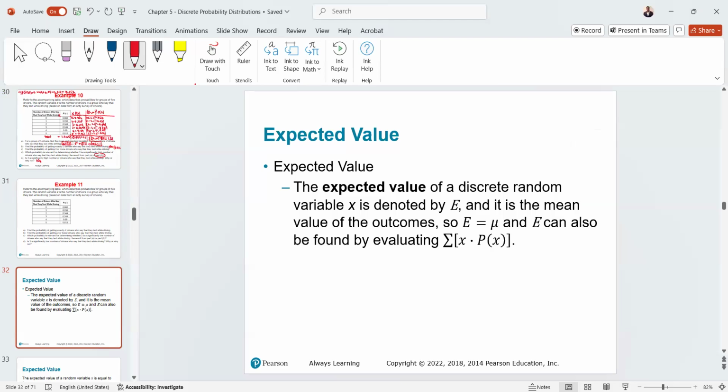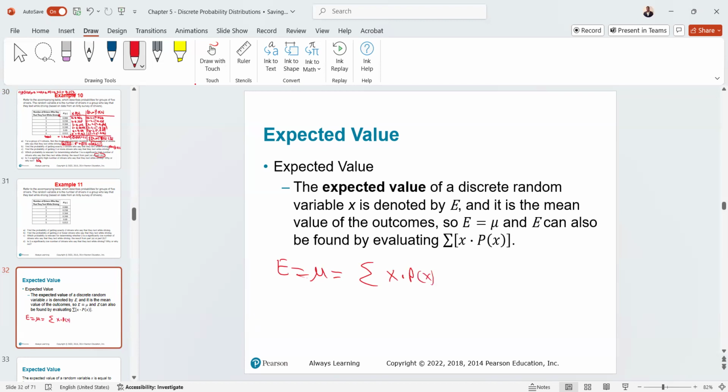We can think of that mean as the expected value, in the sense that it is the average value that we would expect to get if the trials could continue indefinitely. So the expected value of a discrete random variable x is denoted by E. We said that E is equal to the mean, and E can also be found by taking the sum of x times P of x.